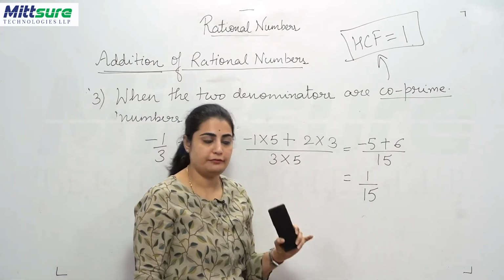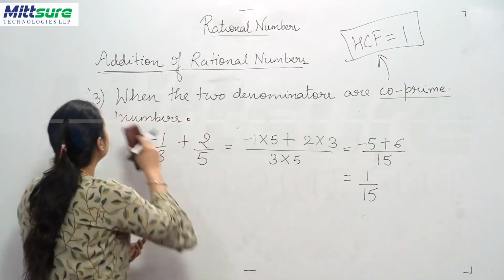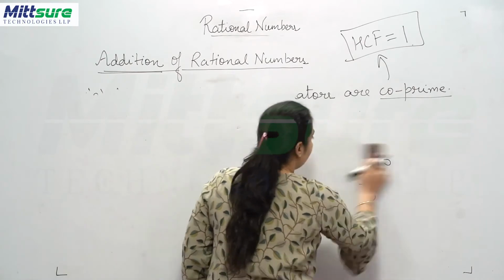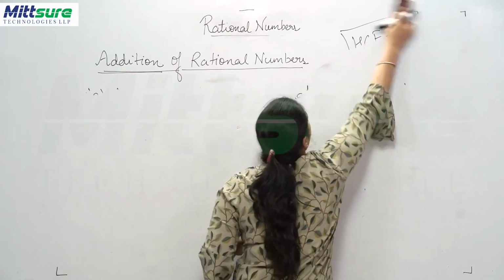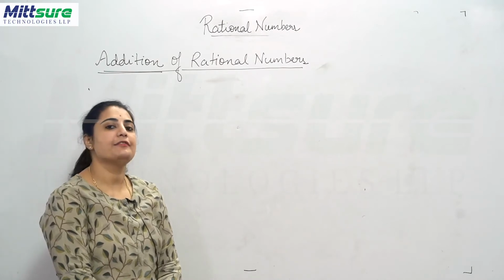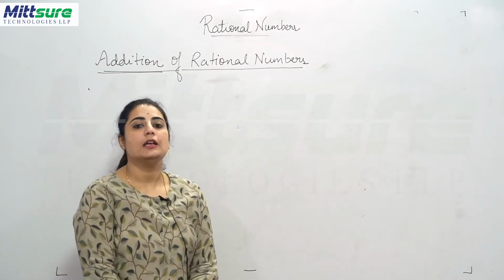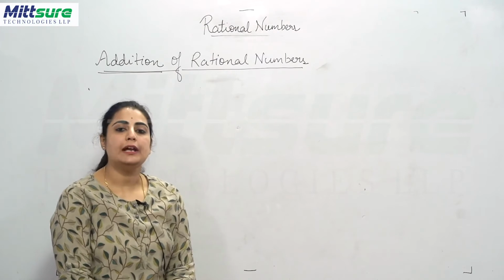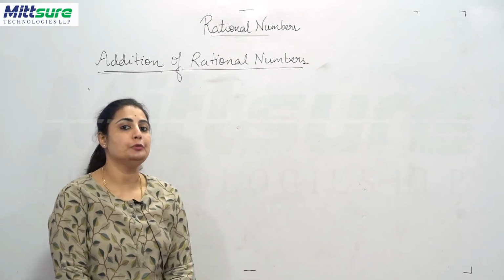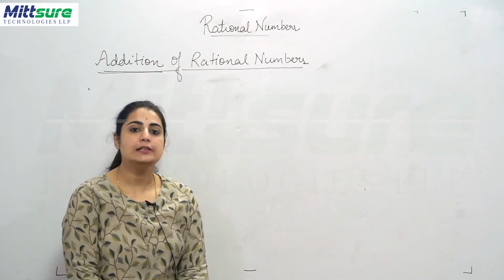So we have learnt 3 conditions. Let's quickly note them down in the symbolic form. Now let's revise all 3 conditions by following which we have to do the addition of rational numbers.